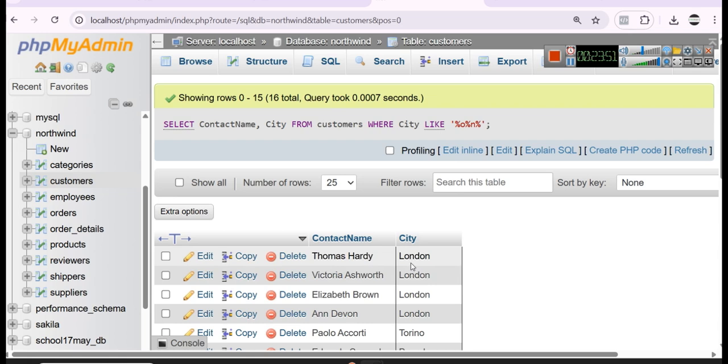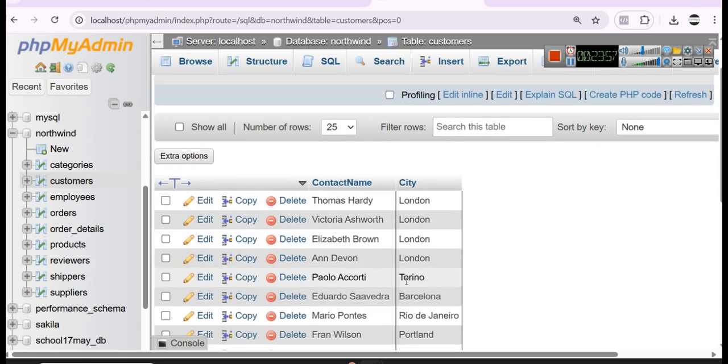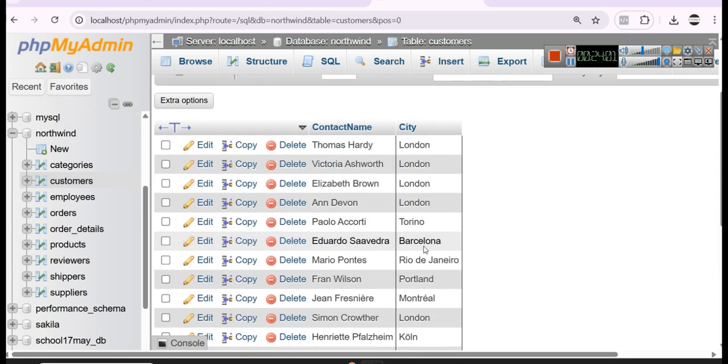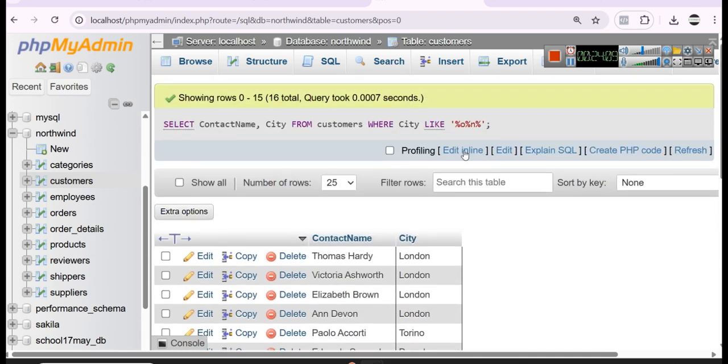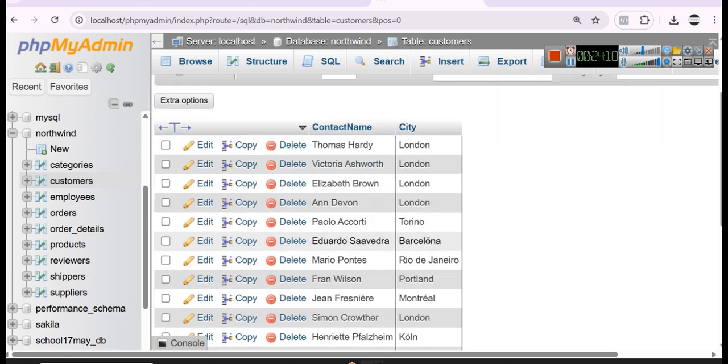So in case of London, there is zero character between O and N, right? That is also coming. In case of Torino, there are two characters, R I. In case of Barcelona, ON is coming together, right? In case of Portland, ON. So do you get this one? Sir, Barcelona is having zero character, right? In Barcelona, ON have zero characters between them.